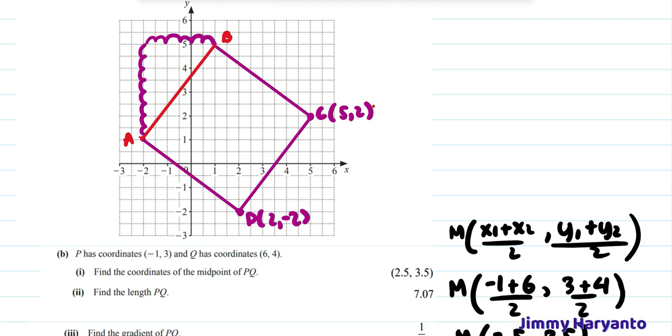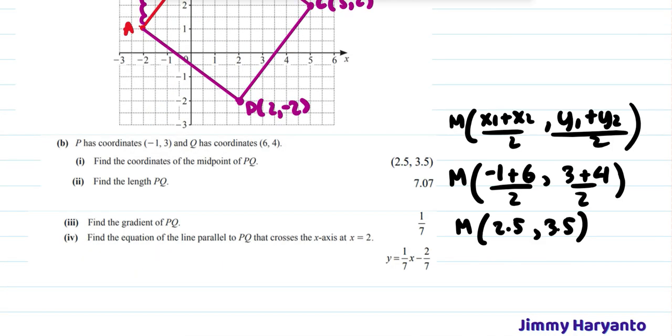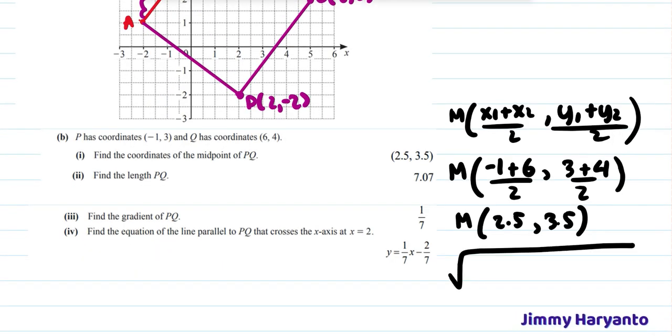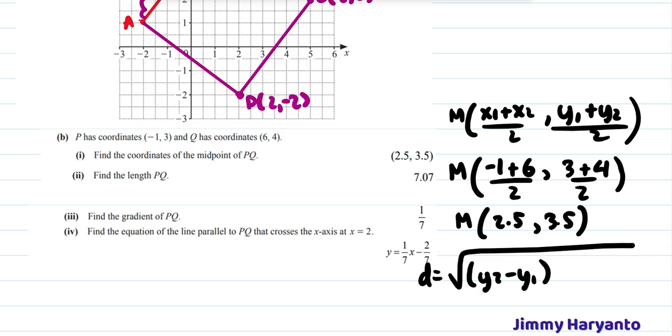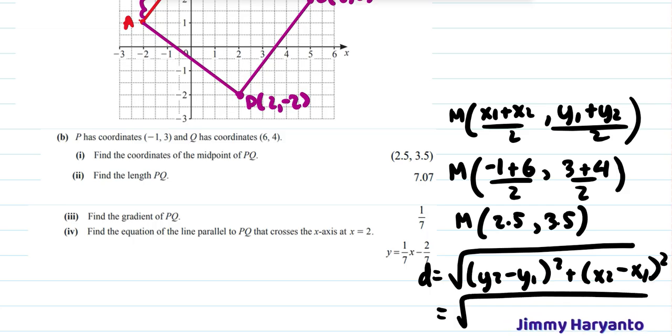Next is the length of PQ. The length of PQ, that means using the formula of the length: square root of y2 minus y1 squared plus x2 minus x1 squared. That is 4 minus 3 squared plus 6 minus minus 1, becomes plus 1, squared.